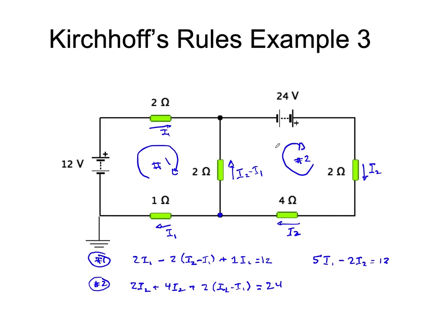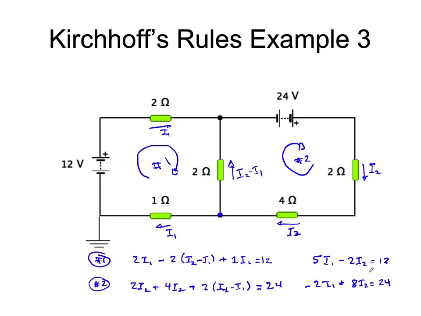Everything's going the right direction. And this bottom equation can be simplified down to negative 2I1 plus 8I2 is equal to 24.